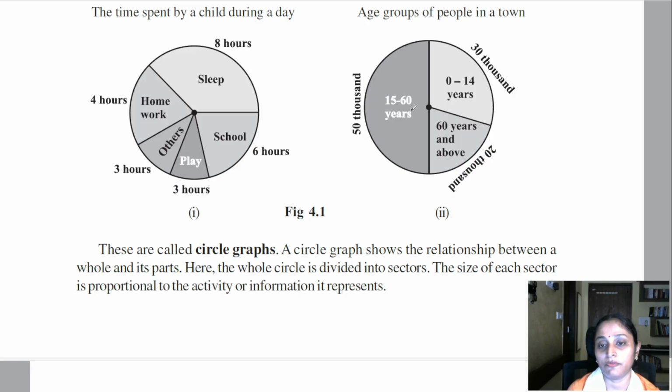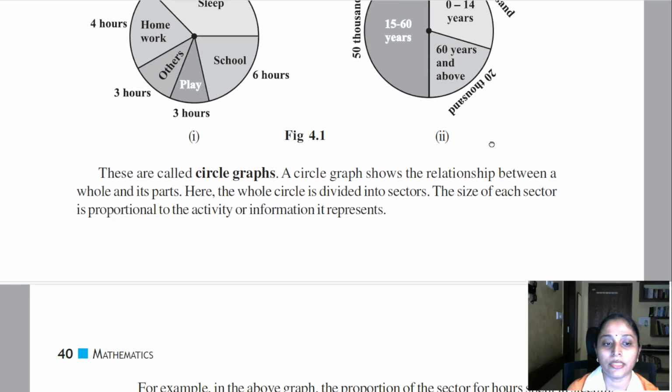Half the population of the town is in the age group 15 to 60. Immediately, as soon as you look at the pie chart, you can draw that conclusion. So you can say that it's a relatively young town, right? And the below 14 years and above 60 years are more or less the same. They have 1/4 each proportion, right? So that is how we're going to read a pie chart.